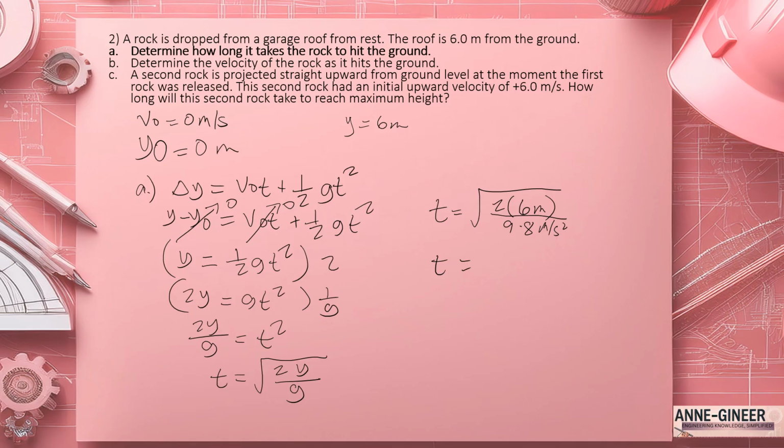Solving this, we will get 1.1066 seconds. This is the time it takes, or how long it takes for the rock to hit the ground. So it takes 1.1066 seconds.